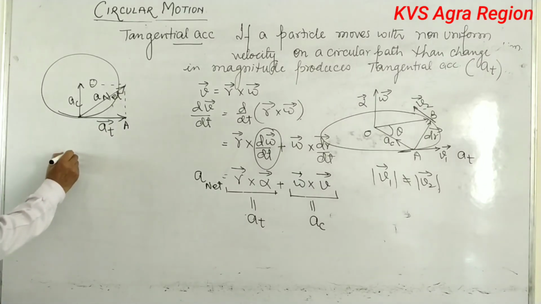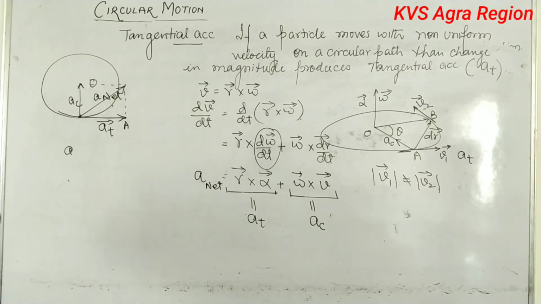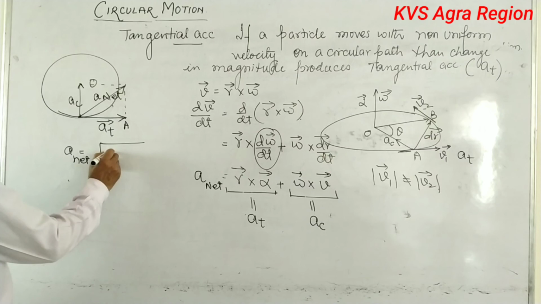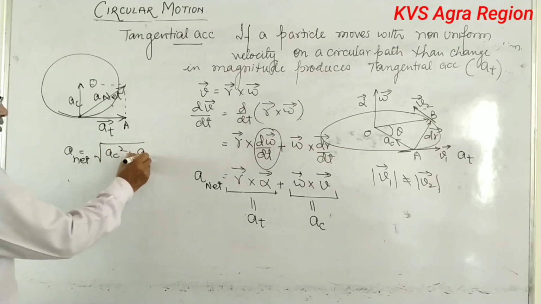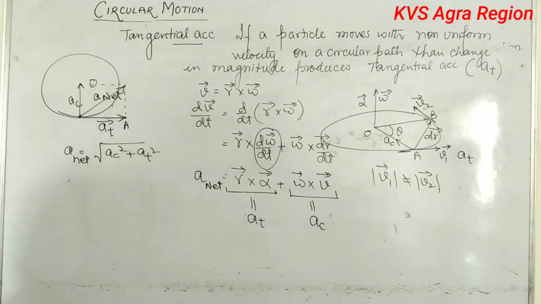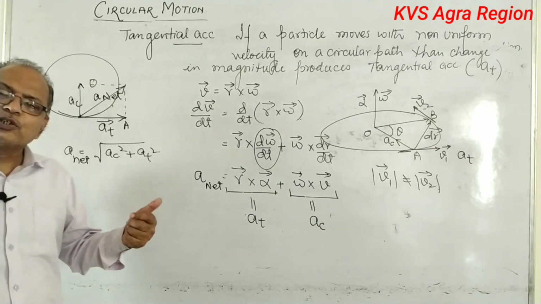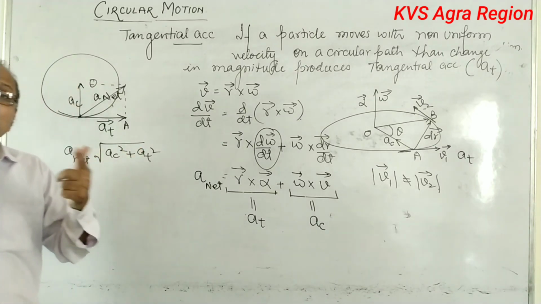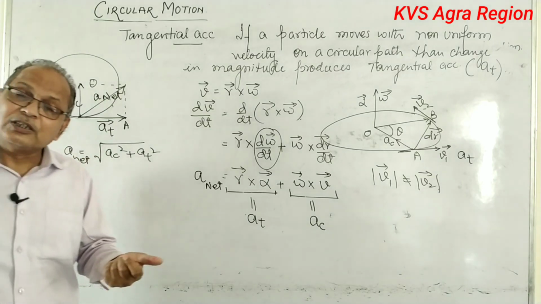So A net, the resultant acceleration, can be written as under root of AC square plus AT square. Because the two vectors are perpendicular to each other, you know the law of parallelogram of vectors, a square plus b square plus 2ab cos theta.